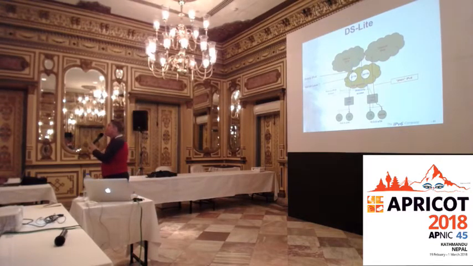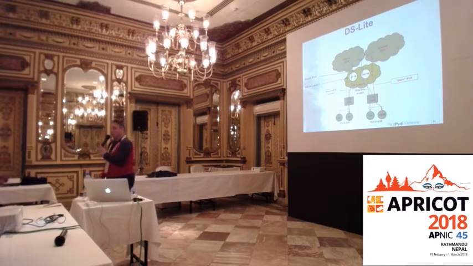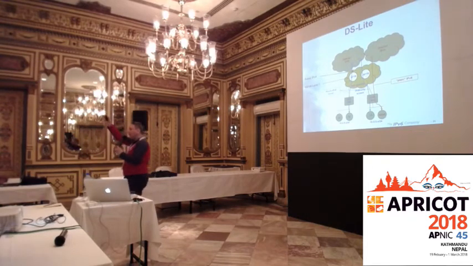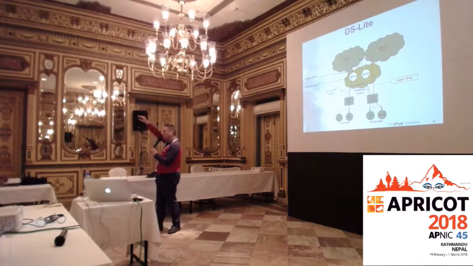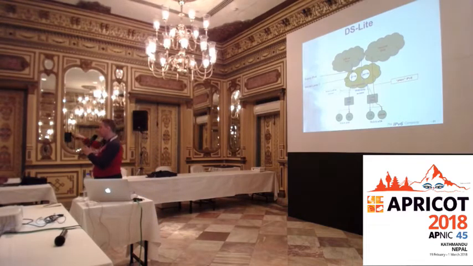But the B4 is doing IPv4 in IPv6 tunneling to provide IPv4 to the LANs of the customers. Okay? So it's the reverse of what we were doing when we talked about the first tunneling, which was IPv6 in IPv4. Now we do IPv4 in IPv6.